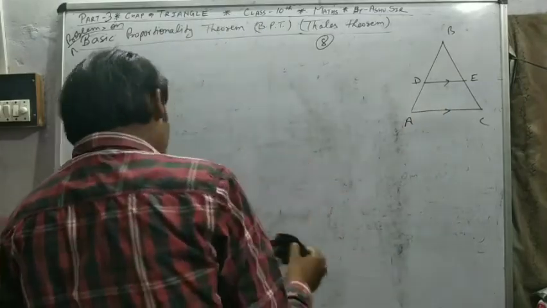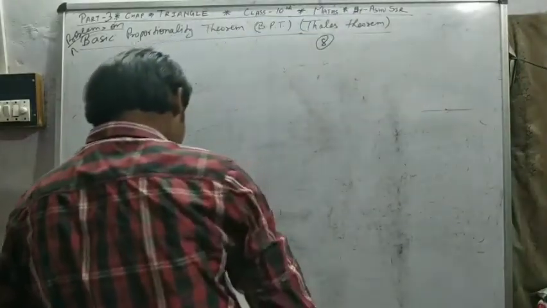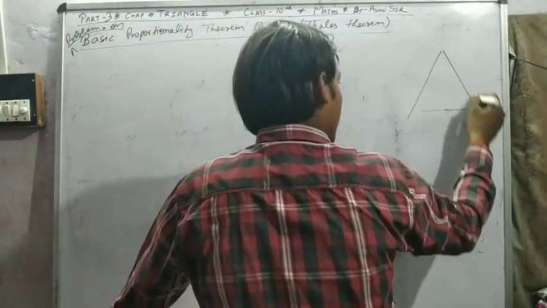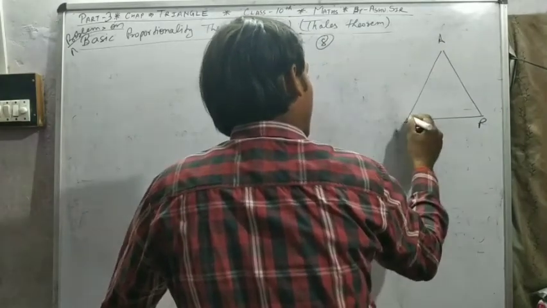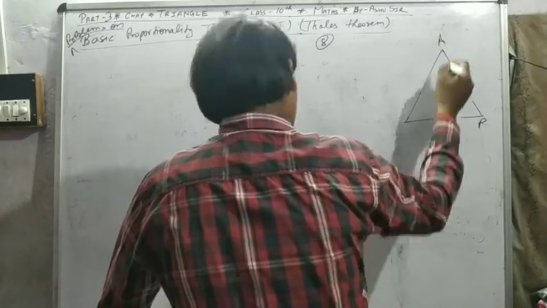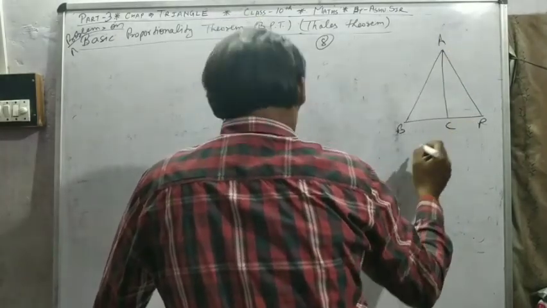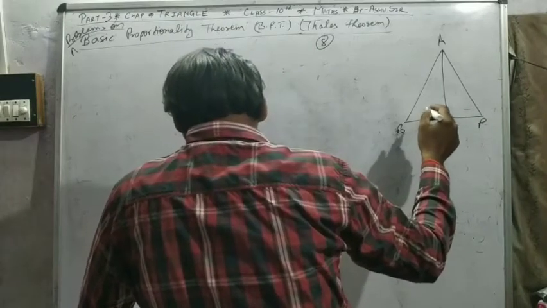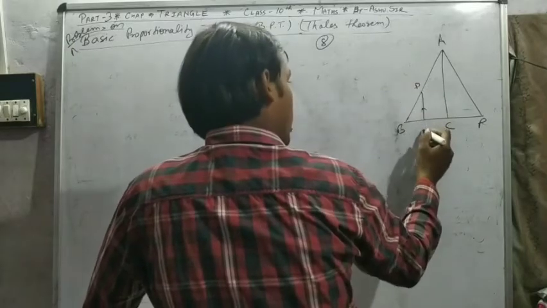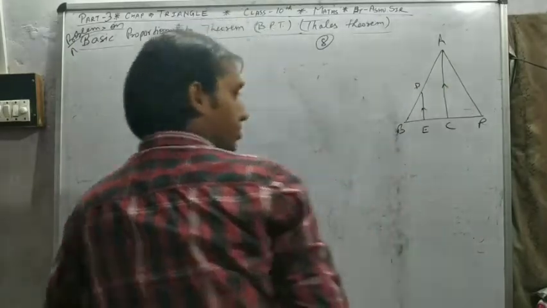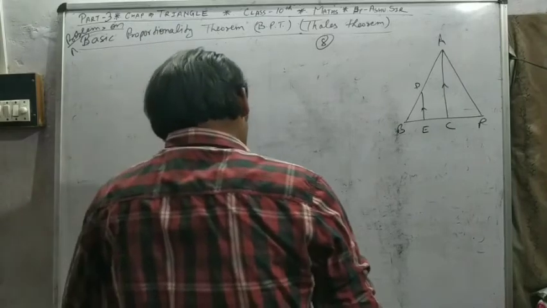Sorry, the figure is given in this question. That is A, P, B and C here. So the first line, DE parallel to AC and DC parallel to AP.